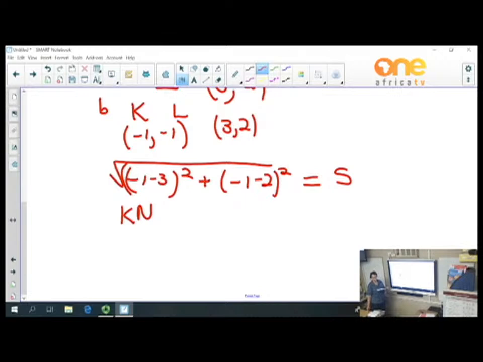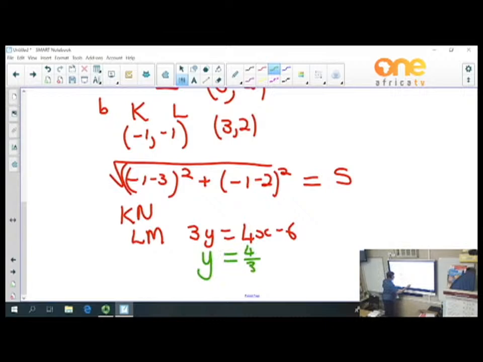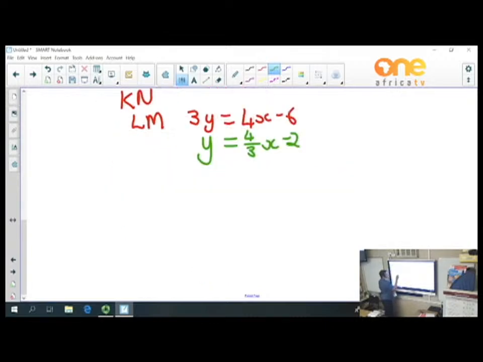So I'm going to start off there with LM, which is 3y is equal to 4x minus 6. And I need to always go for y is equal to mx plus c. So what is the gradient now going to be? 4/3. So the m of KN is 4/3, the gradient.